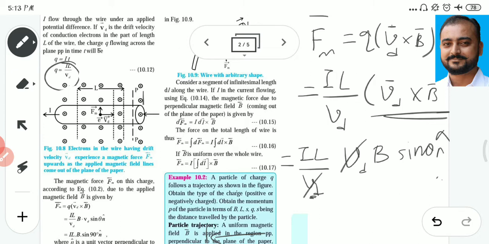So Vd gets cancelled. What we have is I L B sine theta n cap.